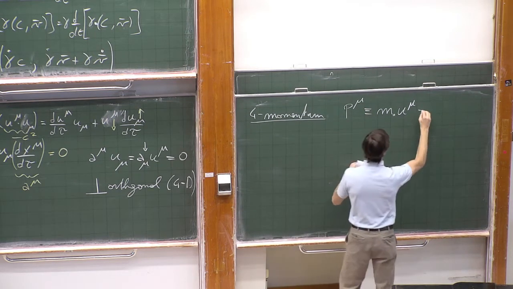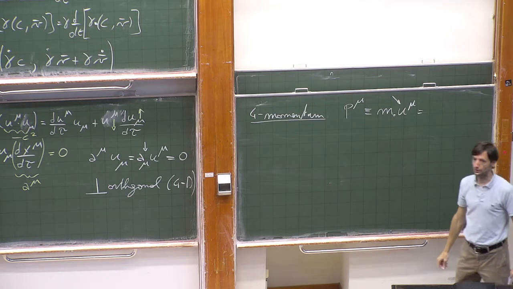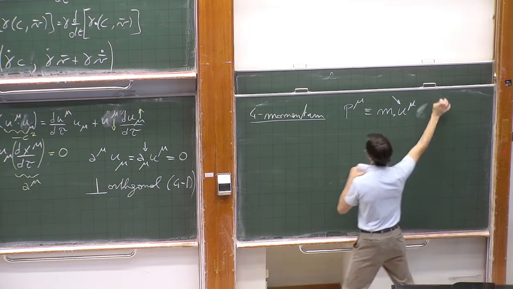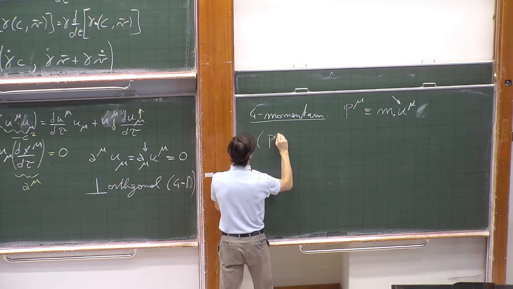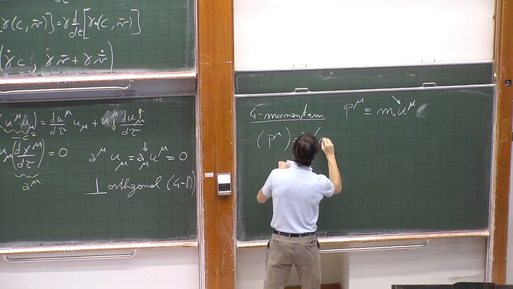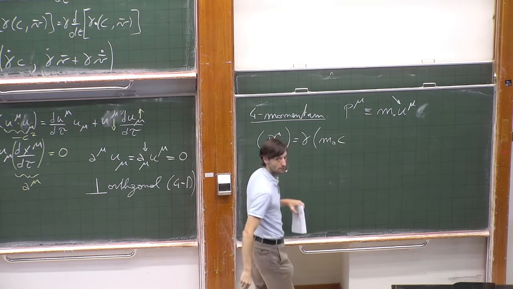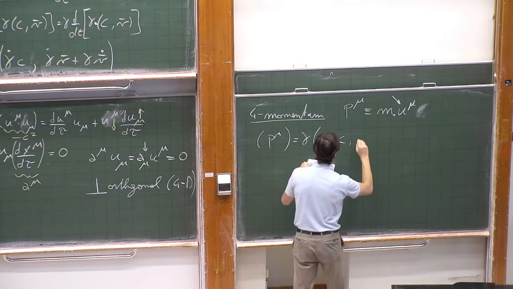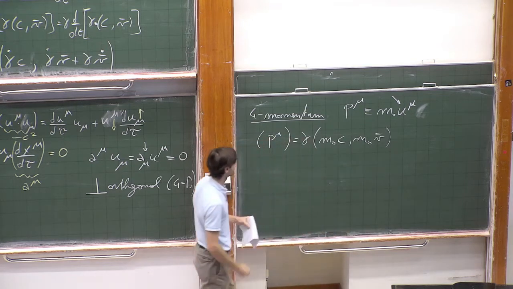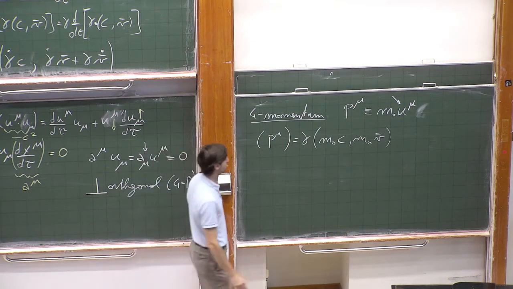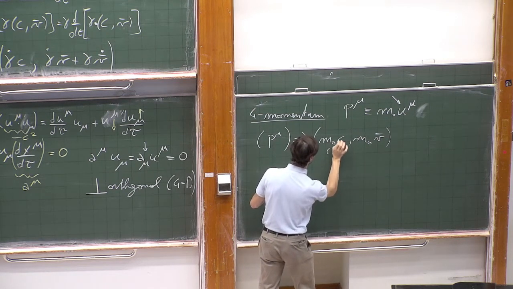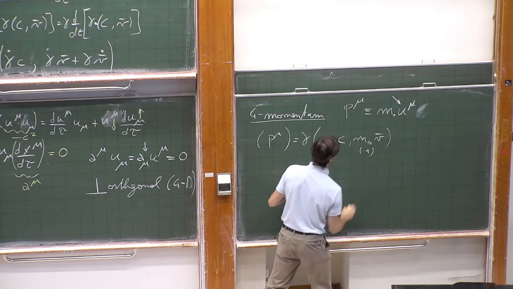If we then use the definition of our 4-velocity and plug it in here, what we get, talking about components, so let's be precise and I put the parentheses as well, is gamma times M0 C, and then M0 v. So you see that we have two parts here. I call it 2, the first one, and 1, the second one.